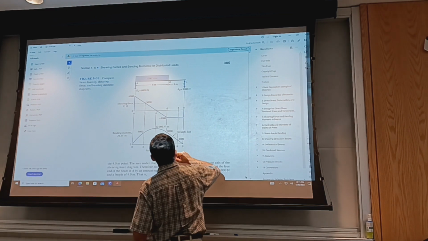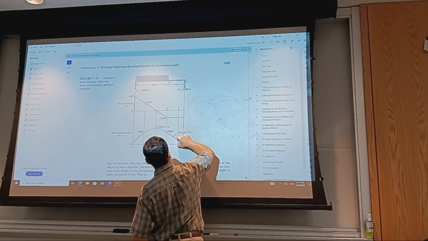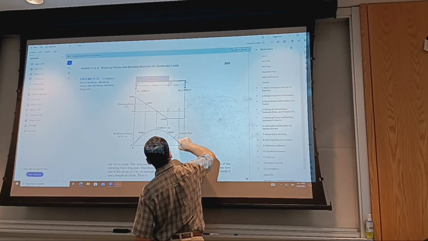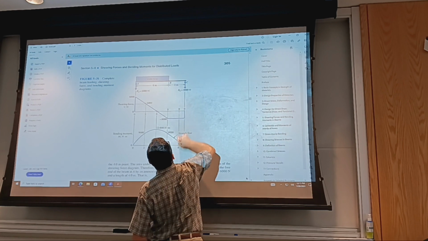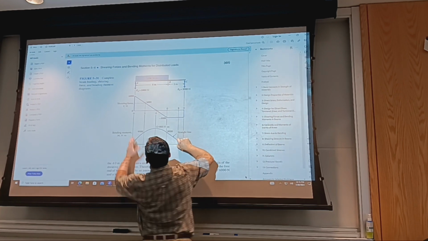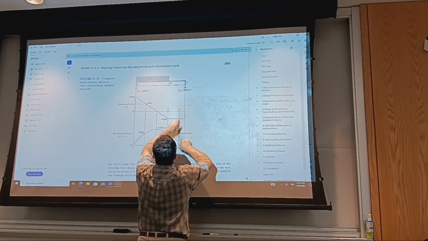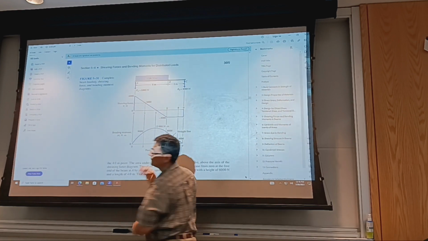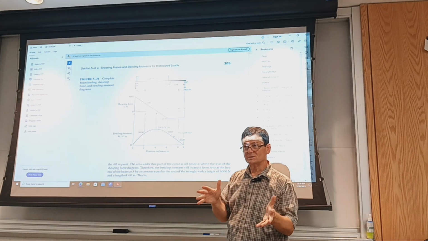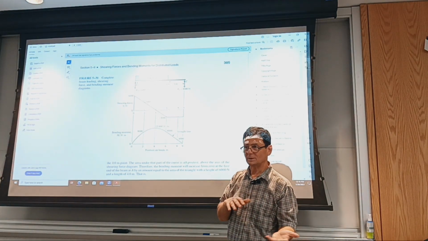So if I want to know the magnitude of this piece of the moment here, we can apply the area method, what's the area here, here, up to the point, or I can go the other way and flip the sign. Does it make sense?